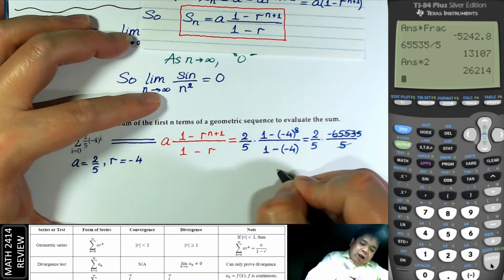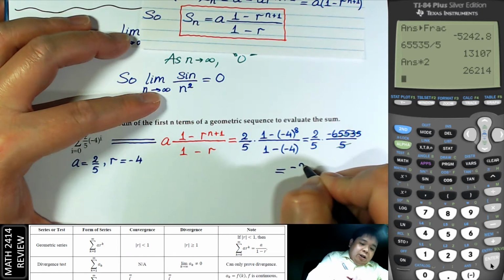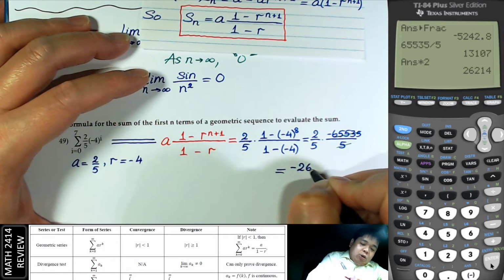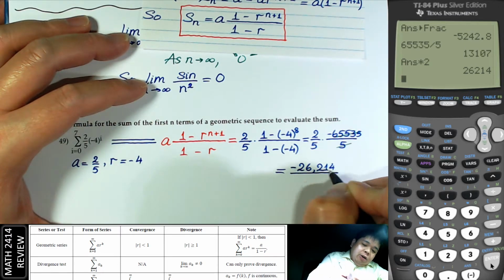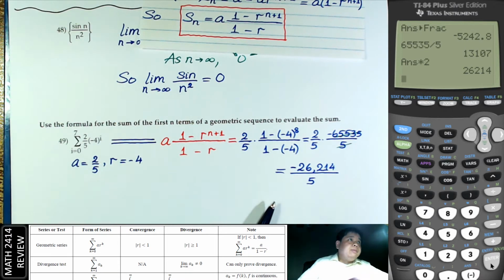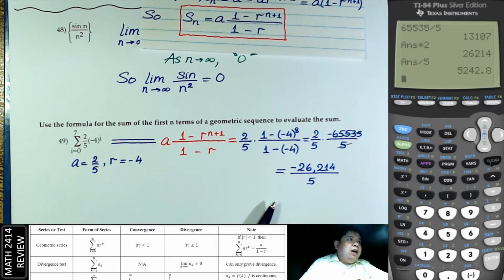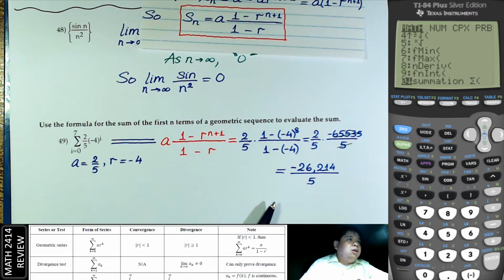So we have negative 26,214 over 5. Right, which is that. Now, of course, if we want to use the calculator, math, go down to option, summation.